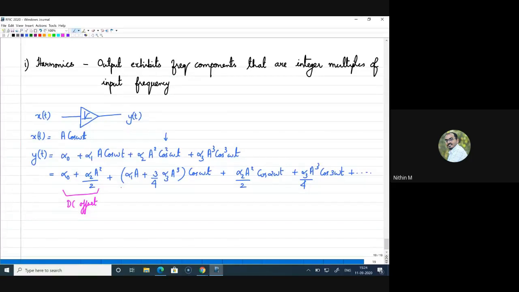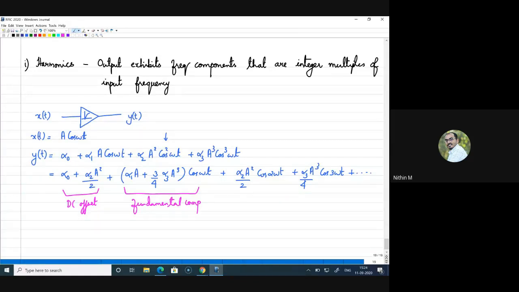So this is the DC offset, and this is your fundamental component, or the desired component at the output. Whatever coefficient you have here is in fact the gain.